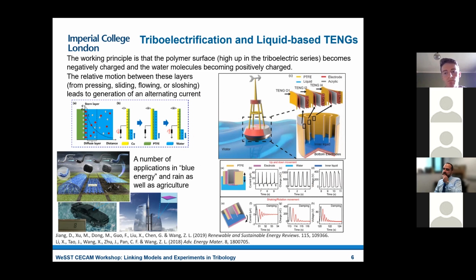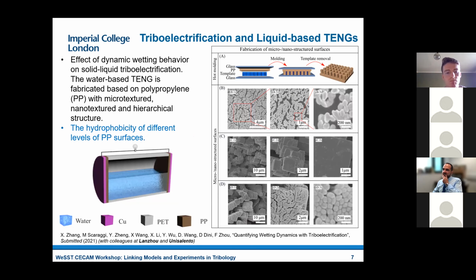And the reason why I really got into this is because, as always, some experimentalists threw something at us. And here is the group of Professor Zhu in Lanzhou, and he started doing experiments looking at generating some electricity using a specific tank. This is a liquid-based tank, and this is a very simple principle.